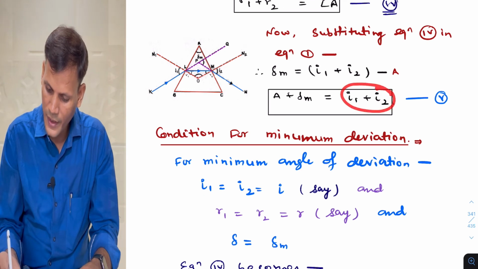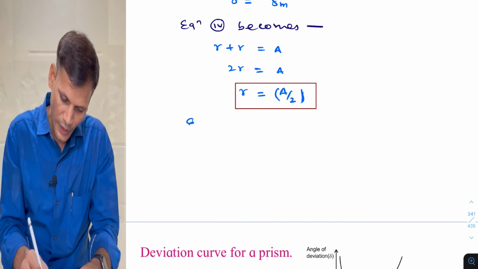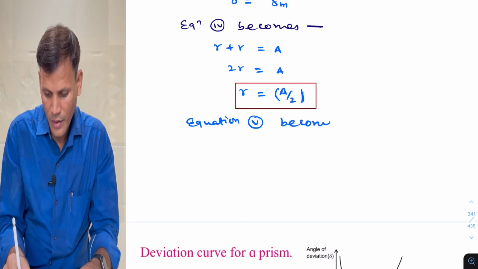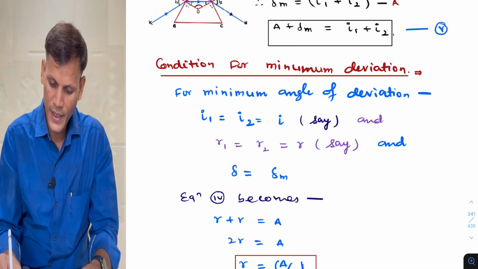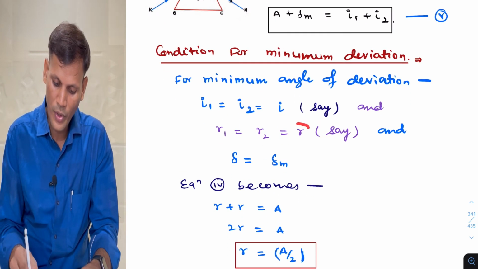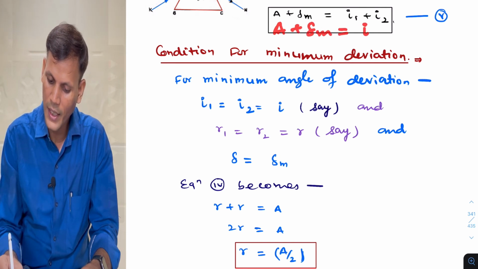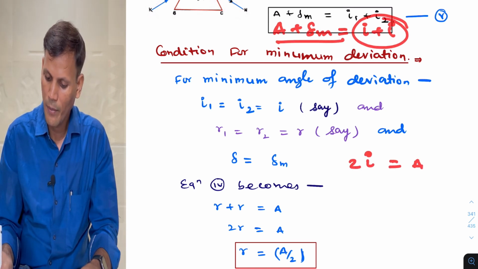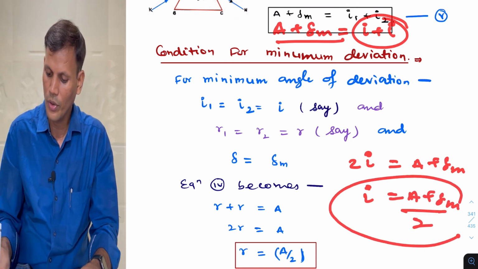So equation 5 becomes A plus delta M is equal to I1 plus I2, but I1 is equal to I2, equal to I that we have taken, so it will be A plus delta M equals I plus I. So 2I will be A plus delta M. So I will be A plus delta M by 2. That we have to write.